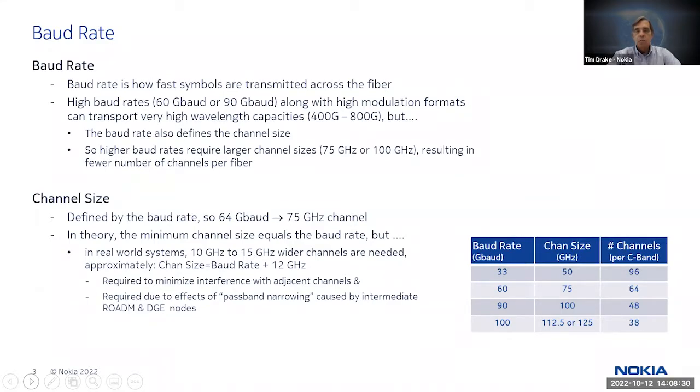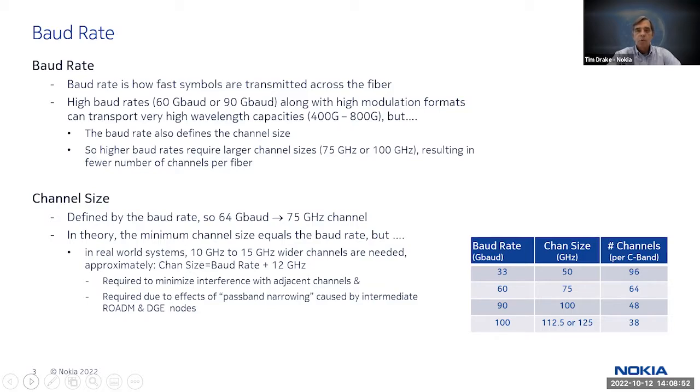Now, when you put in this FOADM system, you're really going to be limiting yourself to the next generation of optical transport. And when I say that, as we start to increase the baud rate, the channel size increases as well.